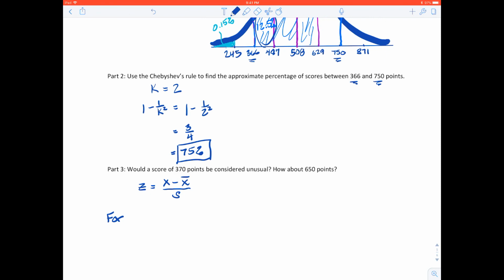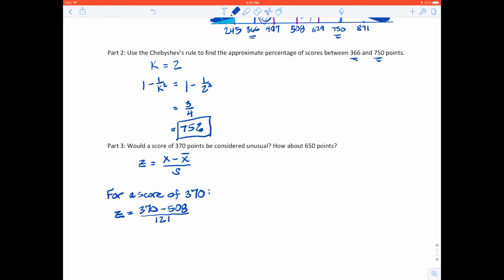For the first score, we would have z equal to 370 minus 508, since x bar was 508, and then divided by 121. Now we always round this to the hundredths place because that's what the tables go to. Don't forget, you have to subtract the top first, as if there's a parentheses around it before you divide by 121.